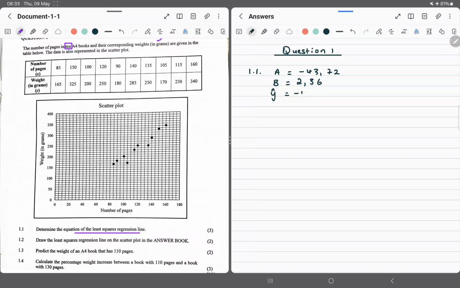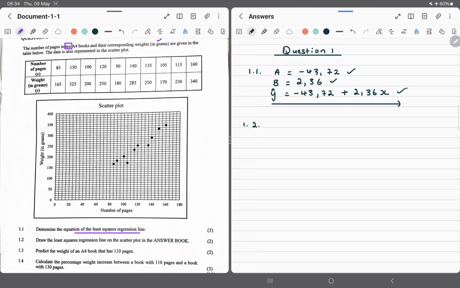So that means our least squares regression line is going to be y equals minus 43.72 plus 2.36x. Okay, so the equation is complete. All right, so we score a mark for each one of those 3 things. Okay, we move on.